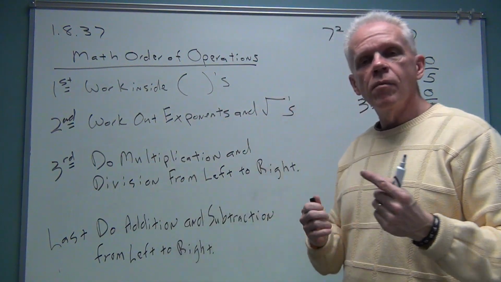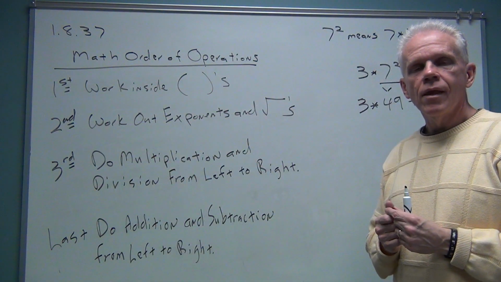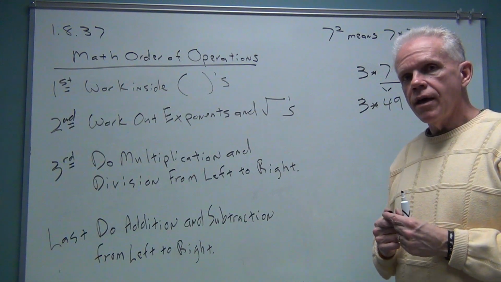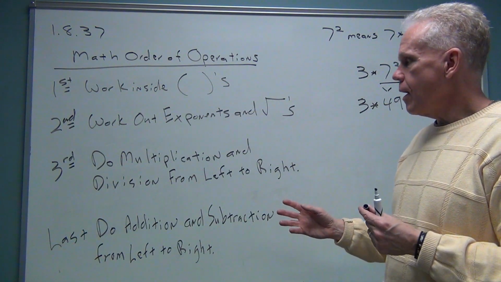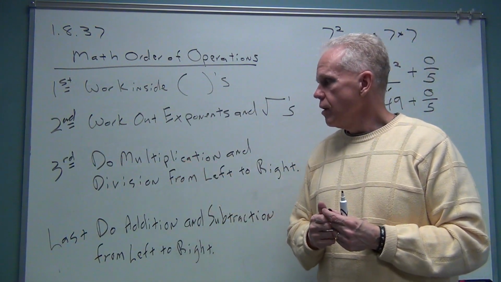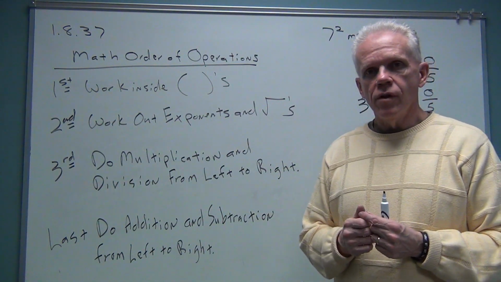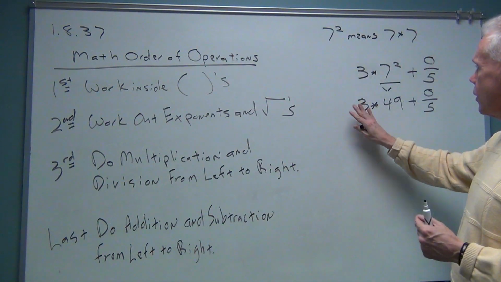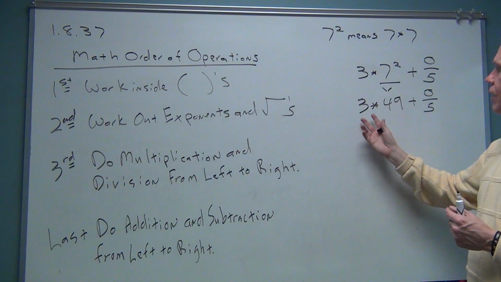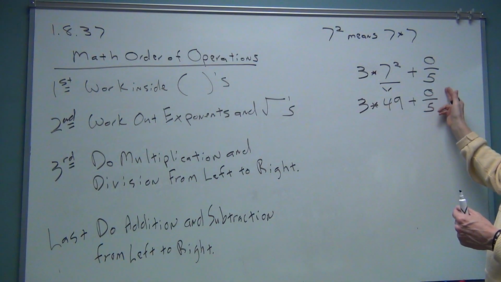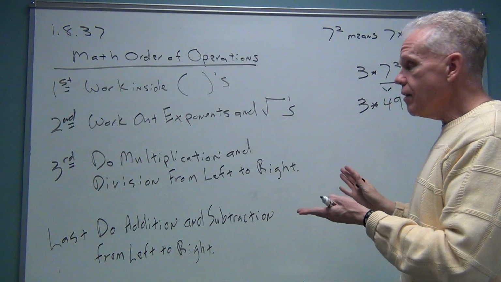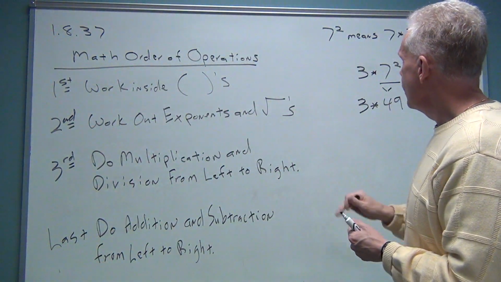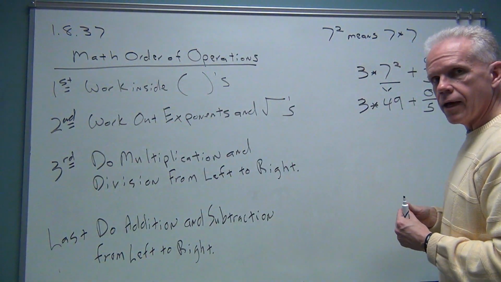Next, I'm going to take care of multiplication and division. And with that, I'm going to go left to right. Now that means sometimes I'll actually do division before I do multiplication. Now in this problem that's not so. As I go left to right looking at the problem, I see some multiplication, and then down here I see some division. First I'll do 3 times 49.